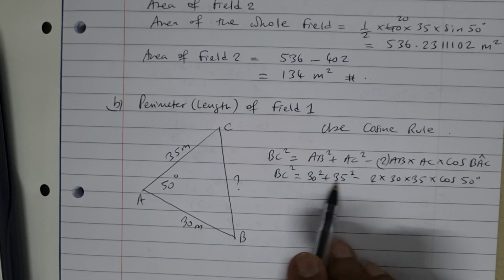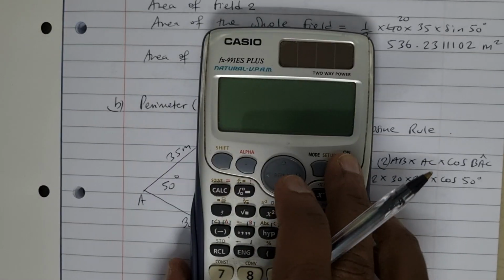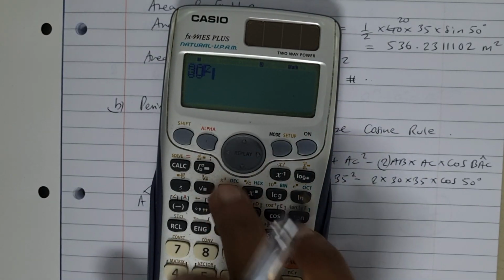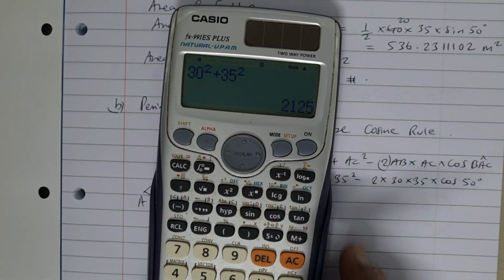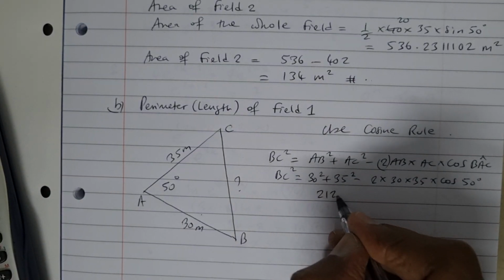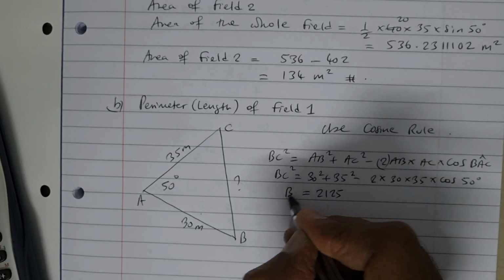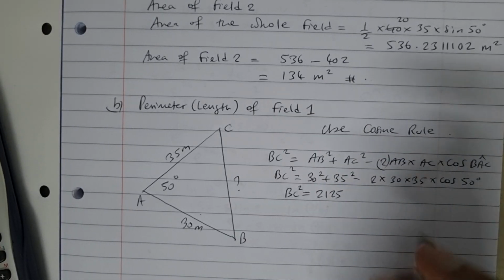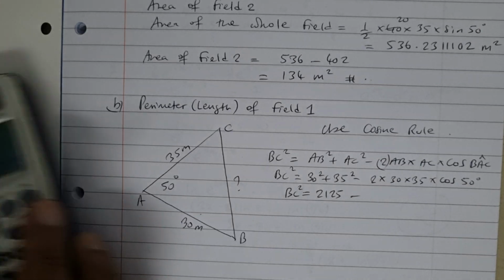The way I do this, I put this in my calculator in parts. 30 squared plus 35 squared is 2,125. I don't just put all the information in the calculator at once, as it might generate the wrong answer.